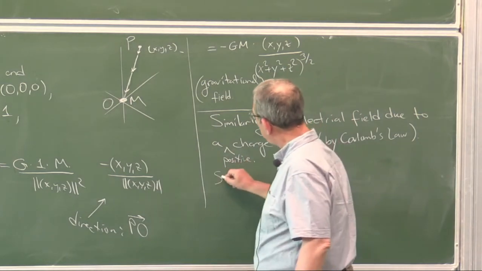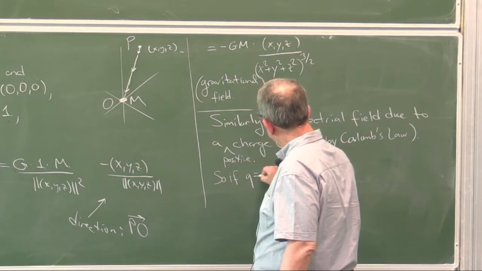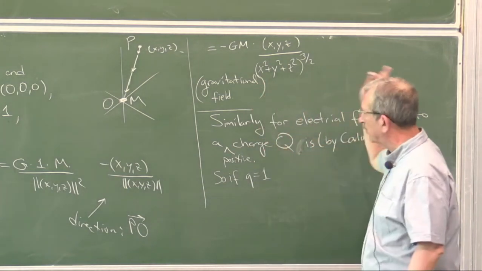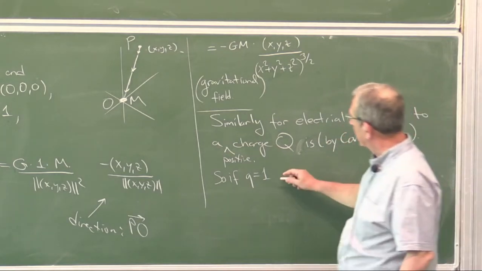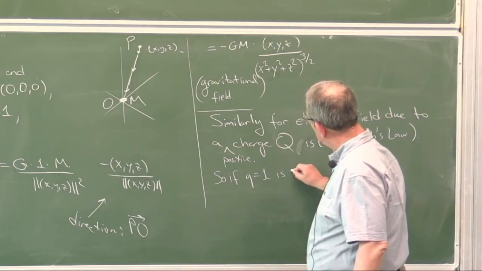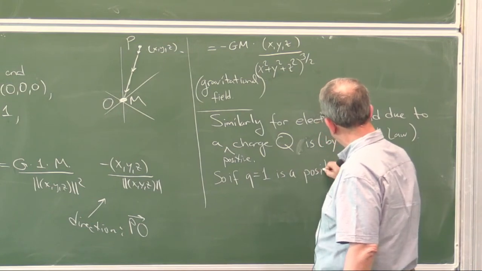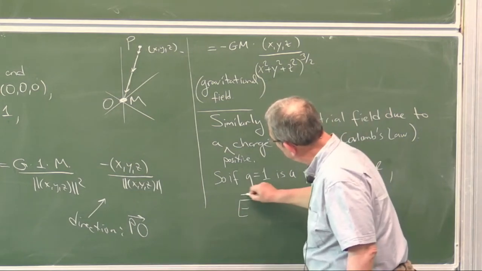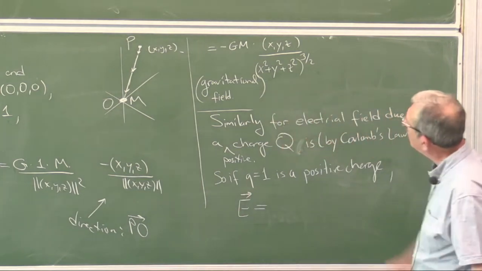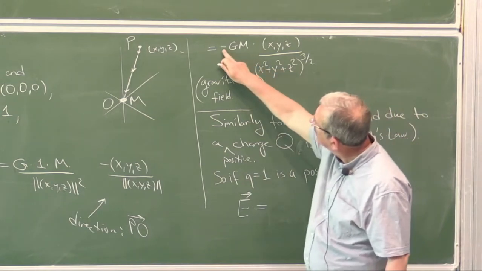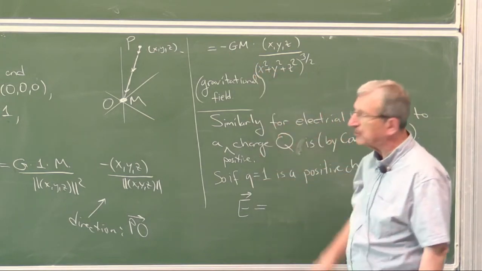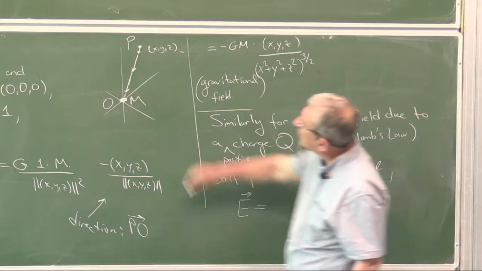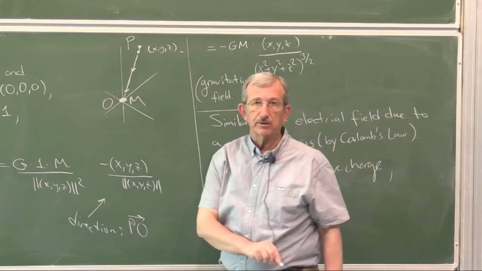So if Q is 1 unit, I'm not working with units now, you can put all the units in the constant, then E, the electrical field, will be exactly the same, but now, because at Q we have a positive charge, it will push it away, which means that the direction will be OP in this case.